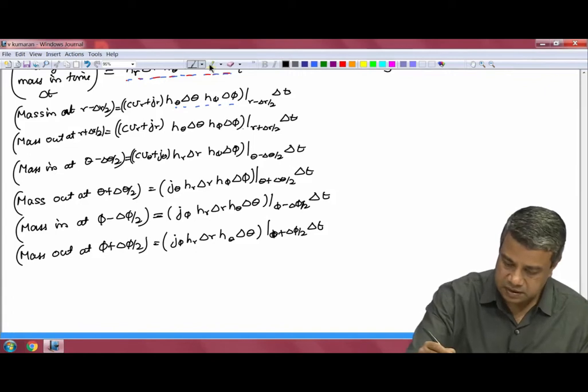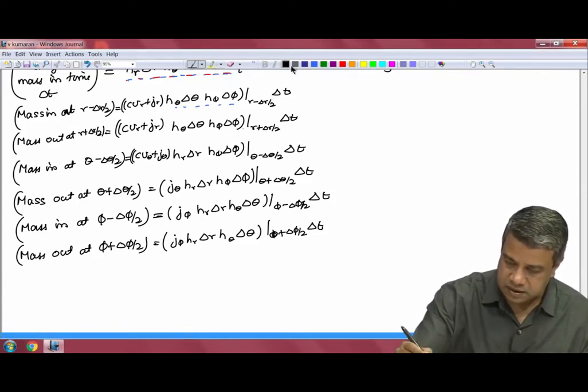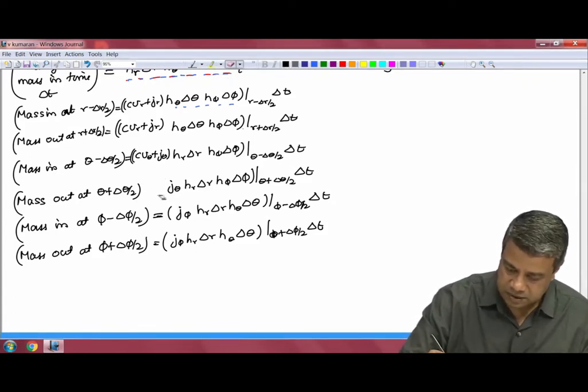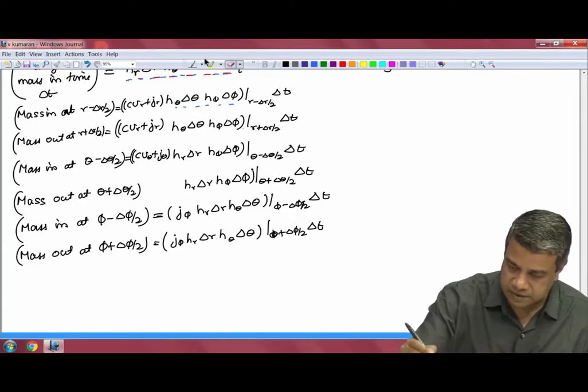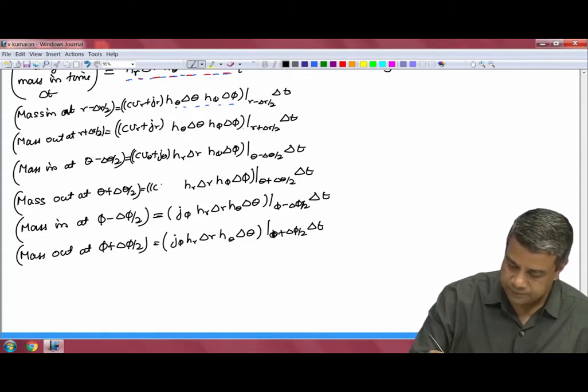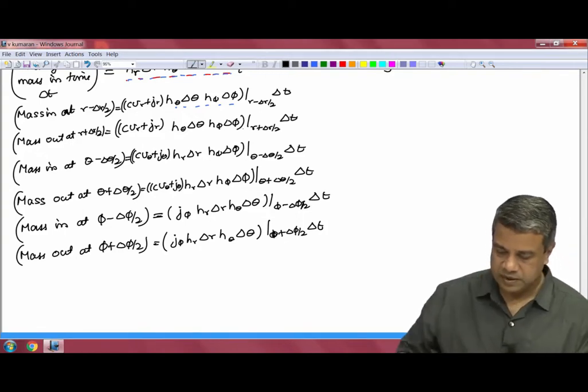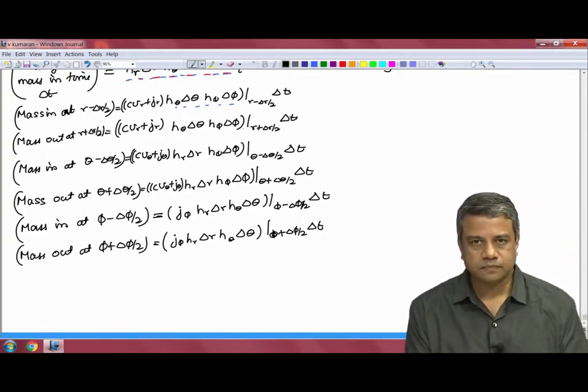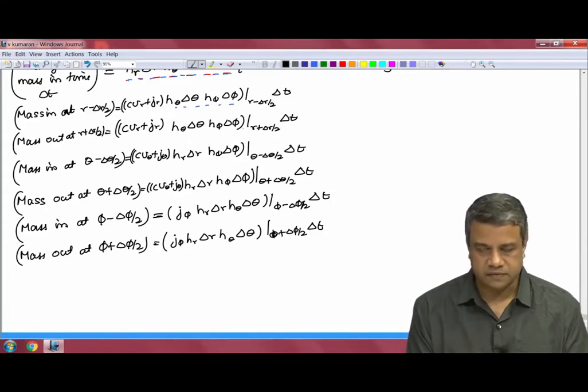Similarly, the mass out at theta plus delta theta by 2 will contain the convective plus the diffusive part, times hr delta r h phi delta phi.